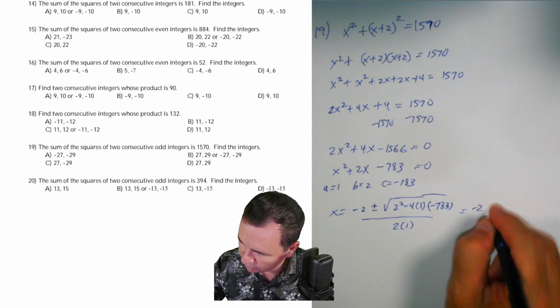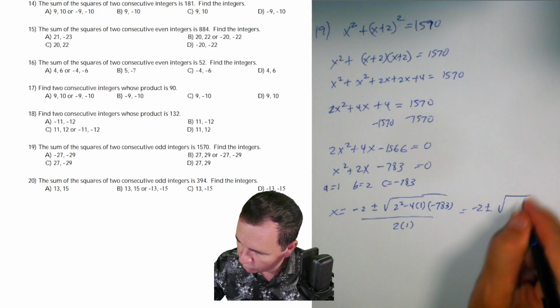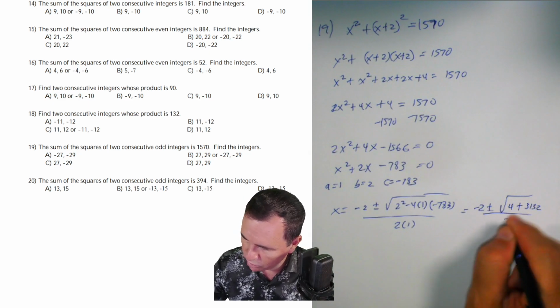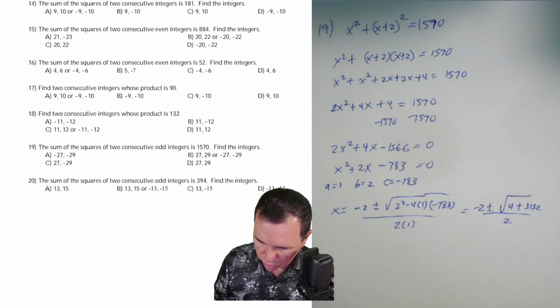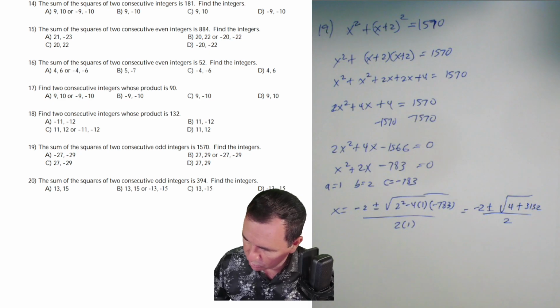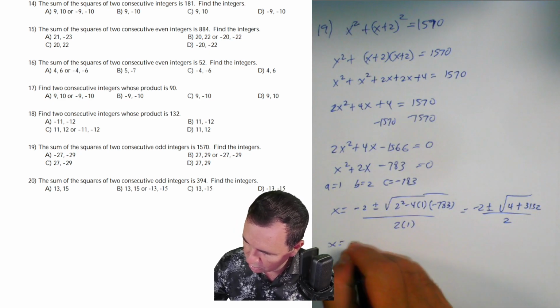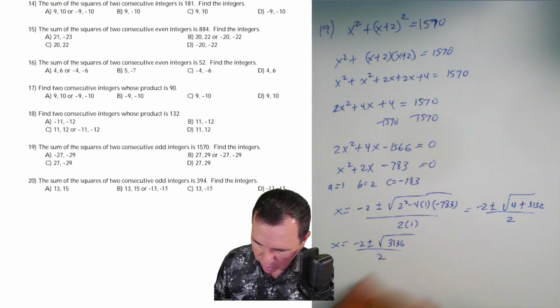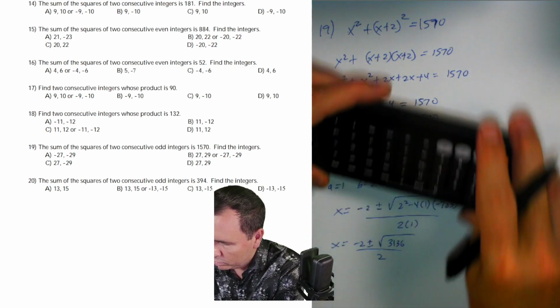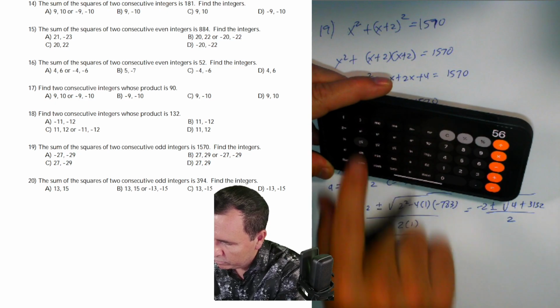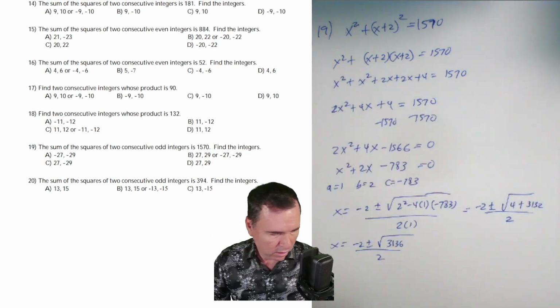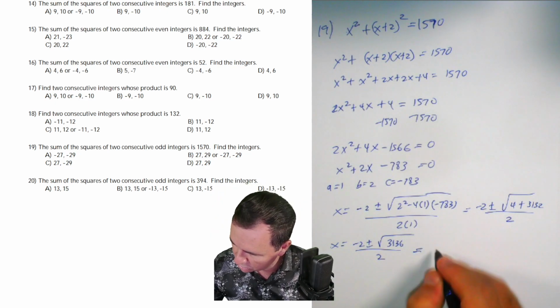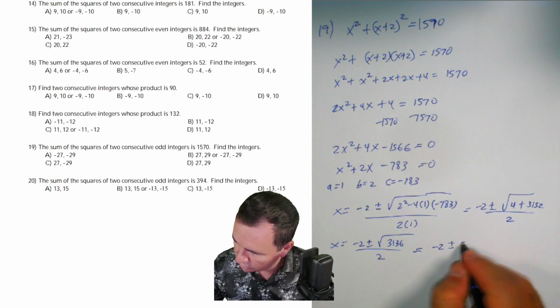Not negative. It's going to be 4 plus 3132 over 2. And 3132 plus 4 is 3136, all over 2. And the square root of 3136 should be 56. So that's it. Negative 2 plus or minus 56 over 2.